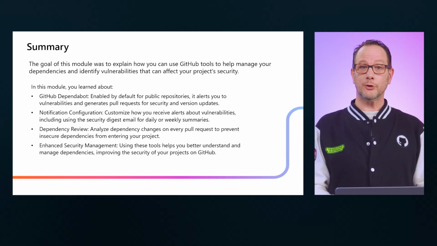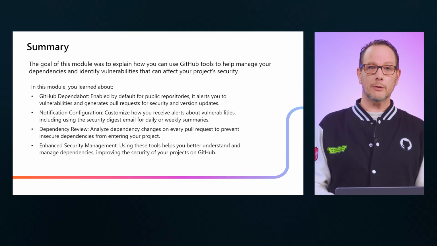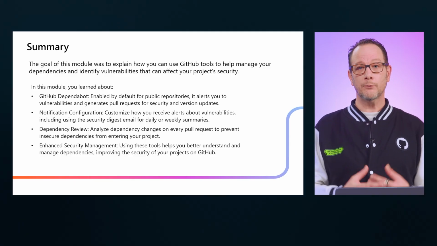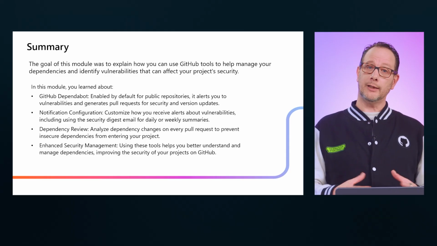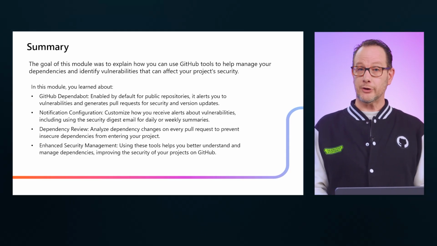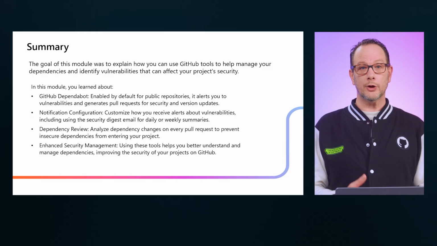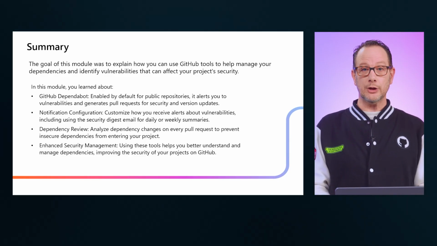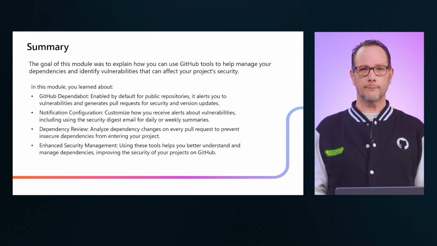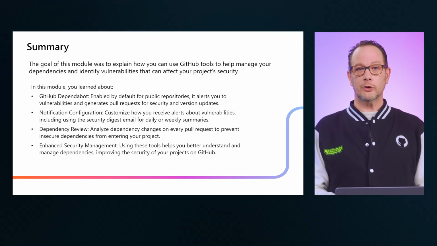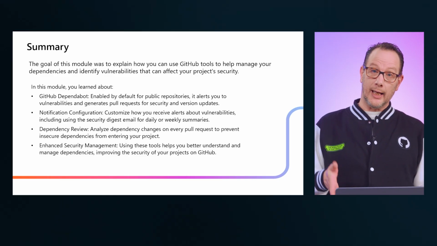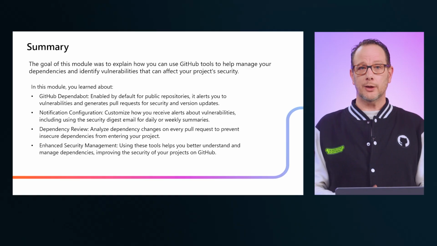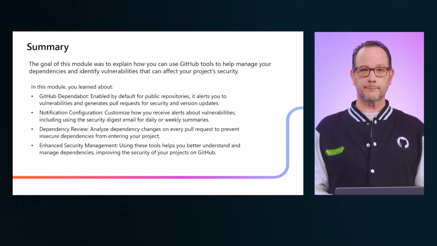You also learned how to use the Security Digest email as a concise way to receive daily or weekly summary of those alerts. And then finally, you learned about dependency review and how to configure the dependency review action to analyze dependency changes on every pull request. Using these tools makes it easier to understand and manage your dependencies to overall better protect your projects on GitHub.